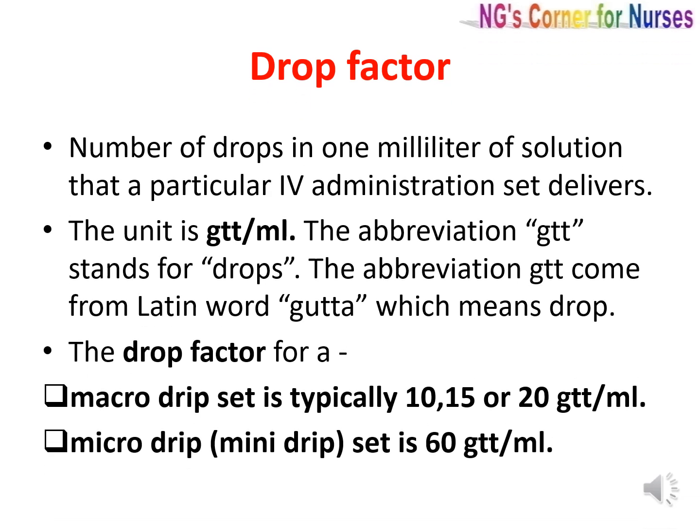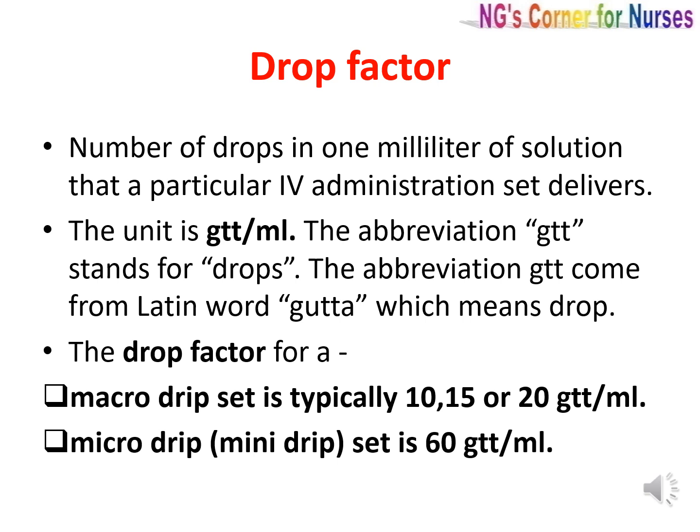Next, coming to the word drop factor. Drop factor is a necessary thing which is needed for fluid calculation. And what is this drop factor? The number of drops in 1 milliliter of solution that a particular IV administration set delivers. The unit of drop factor is GTT per ml or drops per ml.